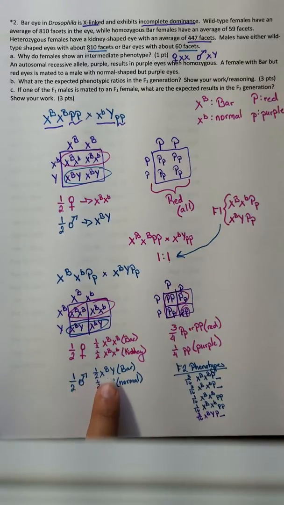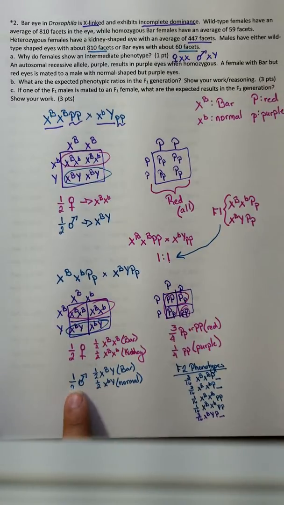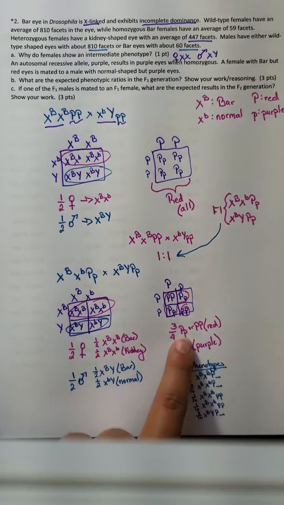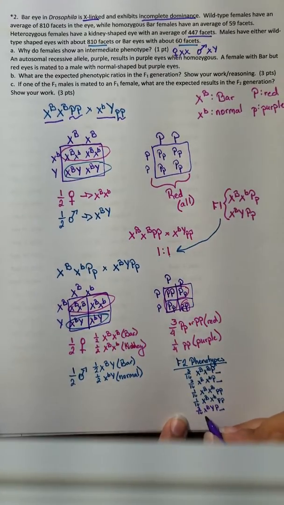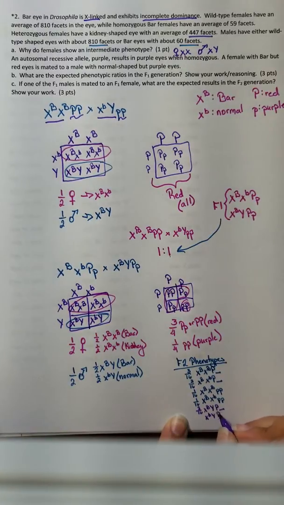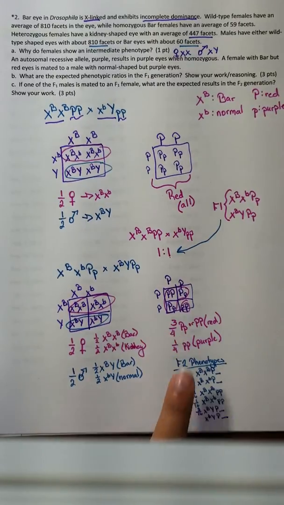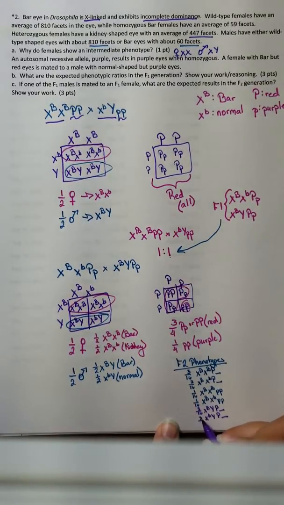A male who has normal shaped eyes but is red, okay? So a male with normal eyes but they're still red, a half times 3/4 is again 3/16.